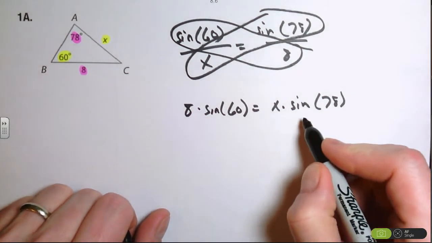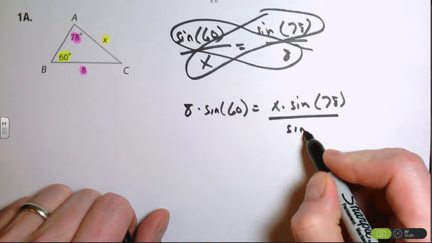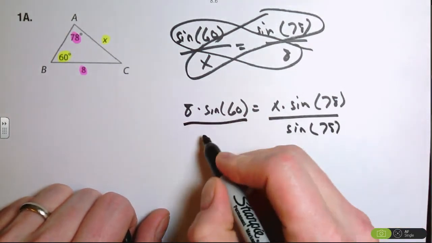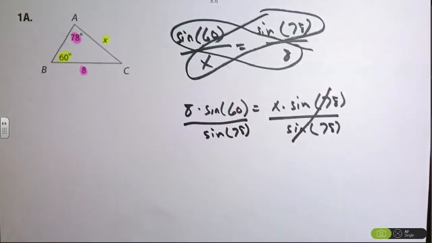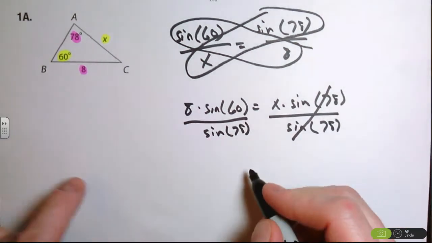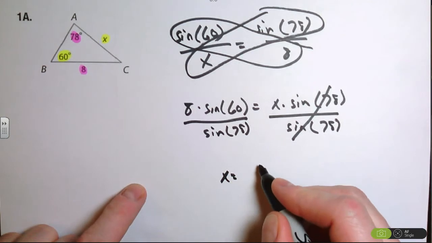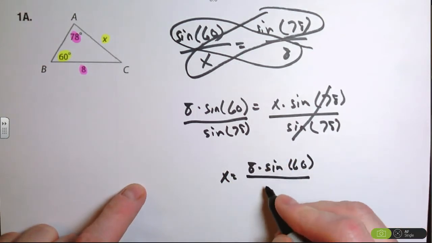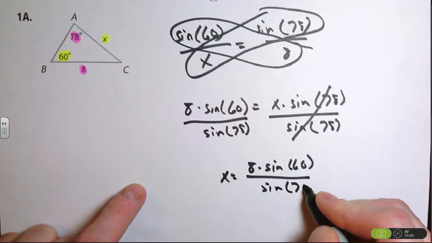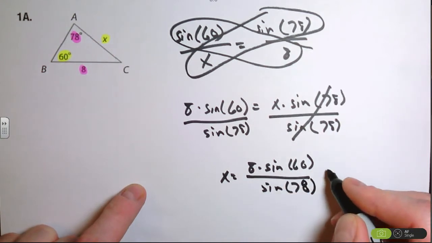And then to solve for x, divide both sides by the sine of 78. That cancels off there. So x equals 8 times the sine of 60 divided by sine of 78 degrees.